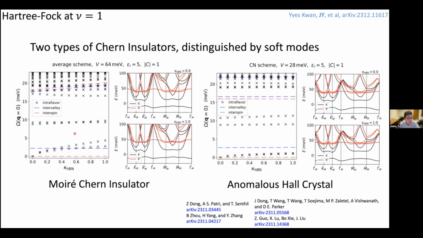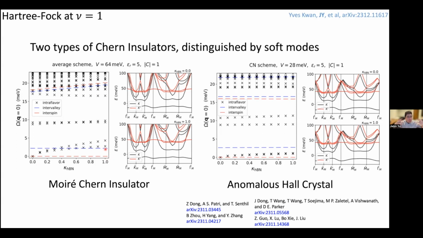But in our calculation with the average scheme, it's completely different from this picture, because the soft modes that come from continuous translation breaking are not actually the lowest modes when we include the realistic Moiré potential. In other words, if we start from here and increase the temperature, we first populate some other soft modes instead of these continuous translation breaking soft modes.